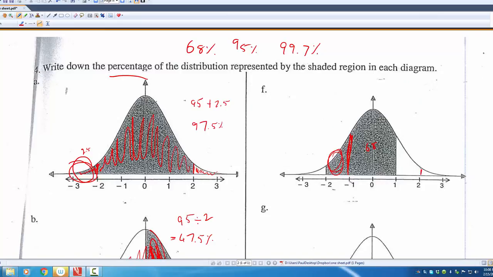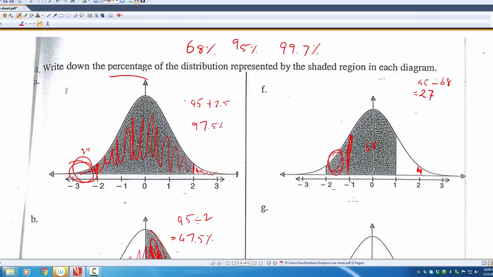I know that 2 standard deviations to the left and the right of the mean is 95. So see if you can handle what I'm going to do here. I'm going to do 95 take away 68, and I'm going to get 27. Now that means that 68 and 27 is going to equal 95.